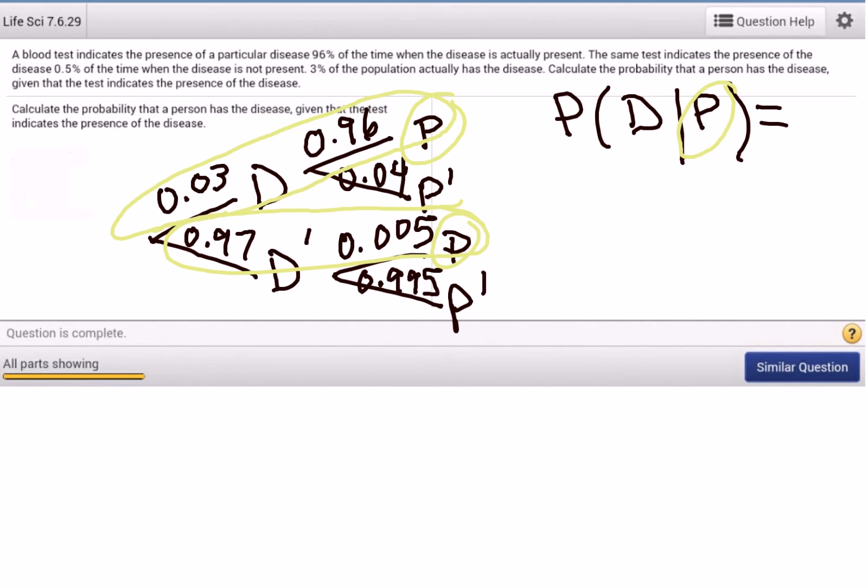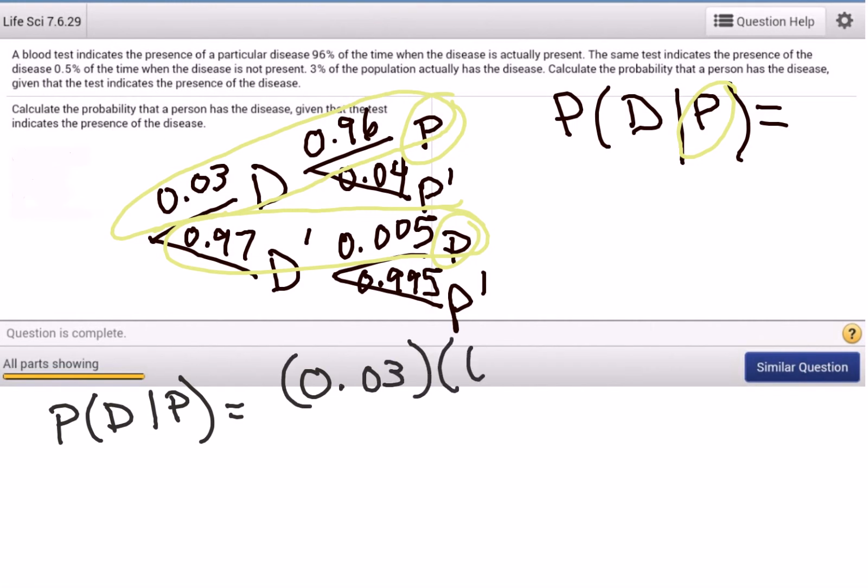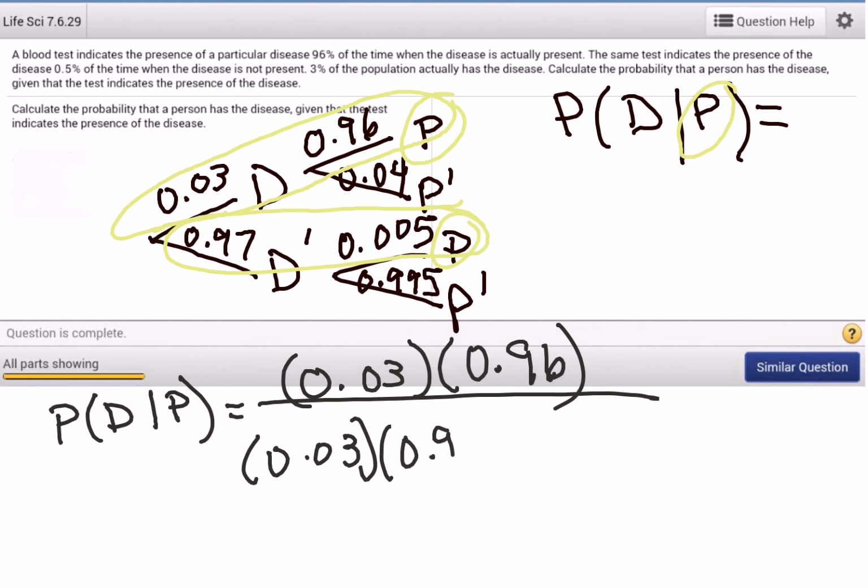So putting that in Bayes' theorem, the probability that they have the disease given that the test indicates that it's present, and on top is always the one we're looking for. So that would be 0.03 times 0.96, divided by, and you repeat that one again, and if you look at the formula, you can see where this is coming from.